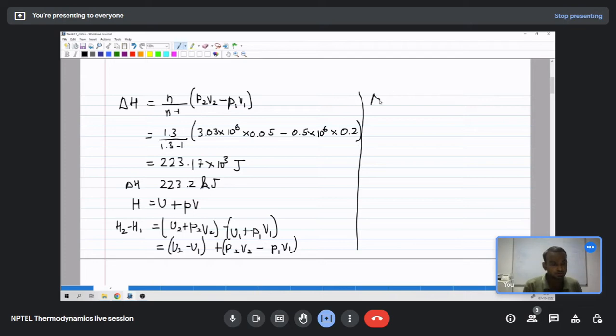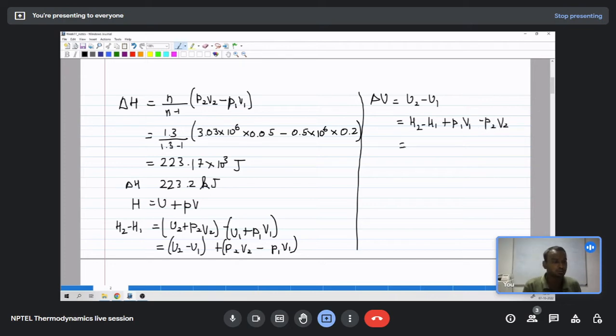So change in internal energy delta U is U2 minus U1, that is H2 minus H1 plus P1 V1 minus P2 V2.